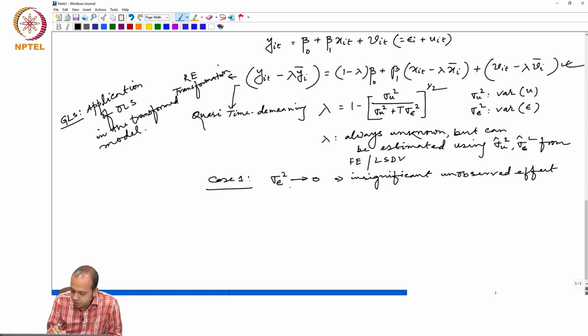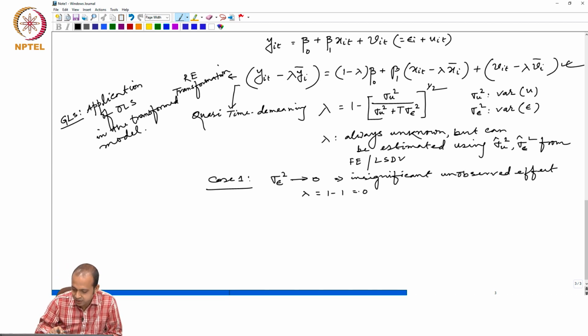From the expression of lambda, this term becomes 0, then sigma square u divided by sigma square u under the square root also becomes 1. So lambda becomes 1 minus 1 equals 0.